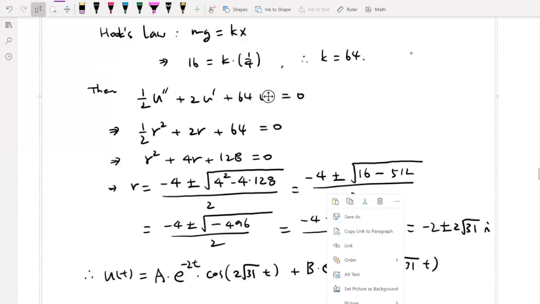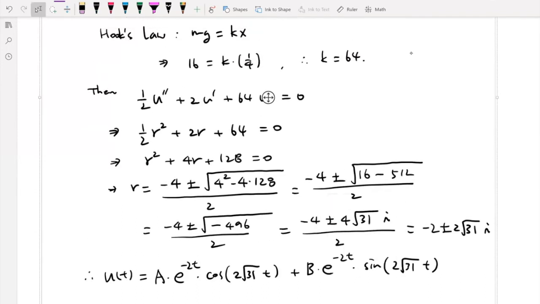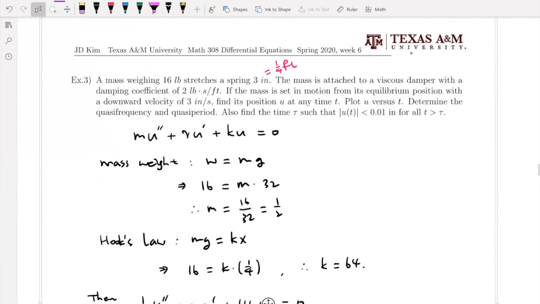Actually, the initial conditions are given. Look at the problem, the second line. If the mass is set in motion from its equilibrium position, that means u(0) is equal to 0.